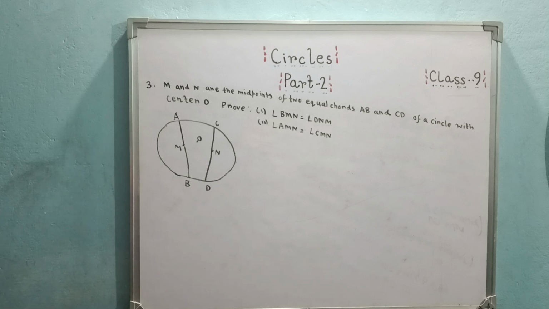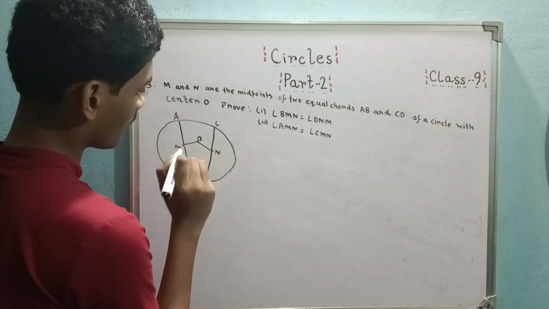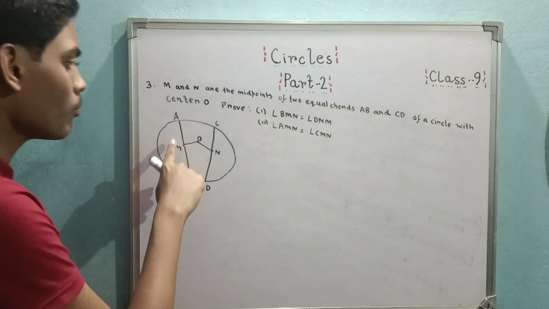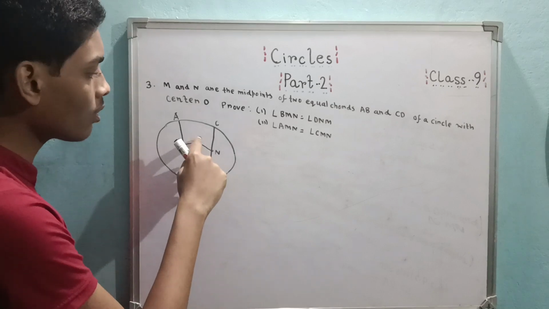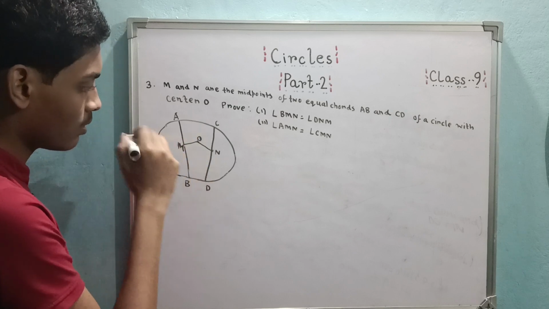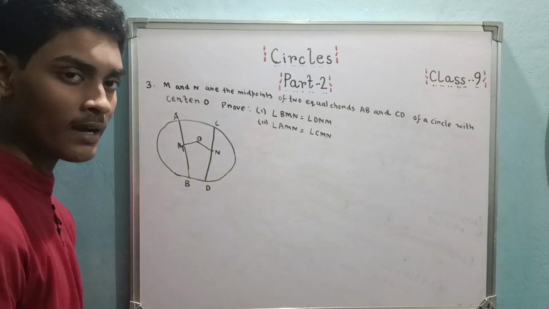So if I join OM here and ON, suppose you don't have this point M and you draw a perpendicular from O and then you name it M, then OM perpendicular to AB means OM is dividing AB into two equal parts.